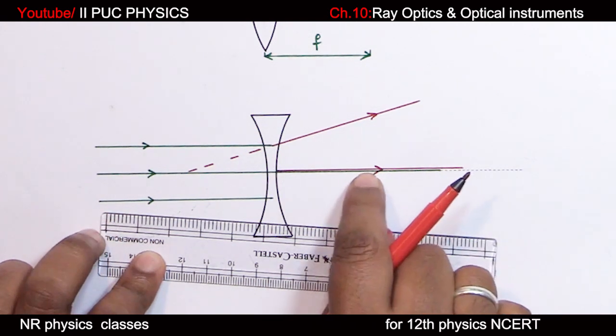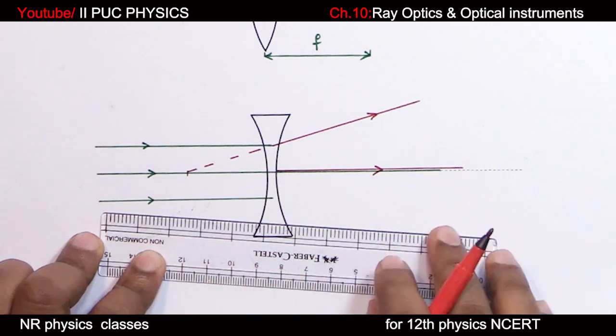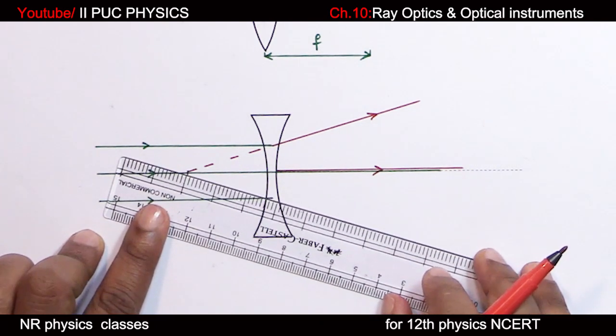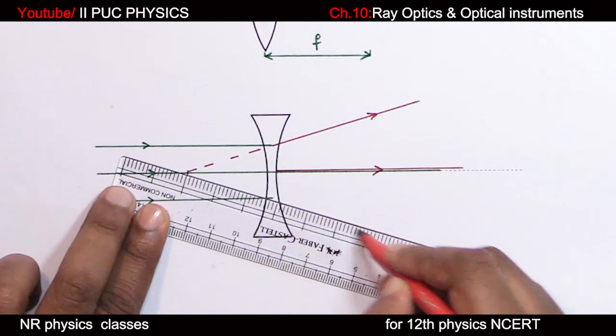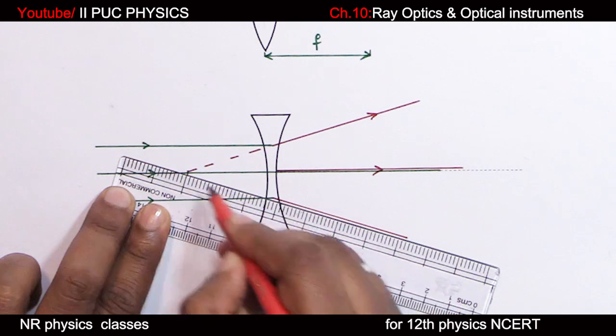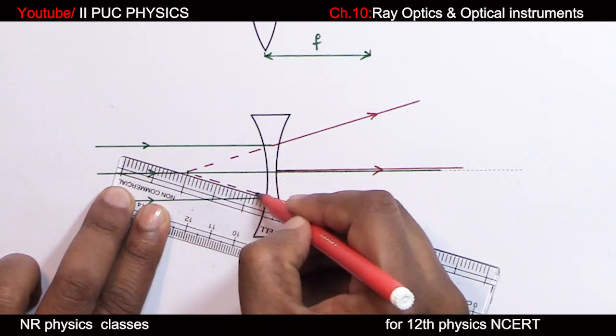If you draw a dotted line, producing it backward, that passes through this point. Now consider the third ray. You have to draw a diverging ray such that it appears to be coming from the same point.